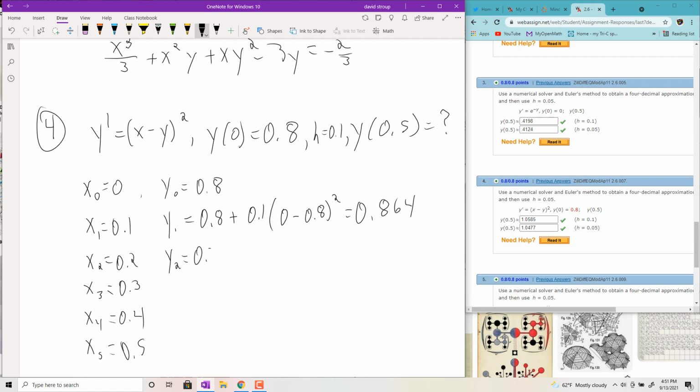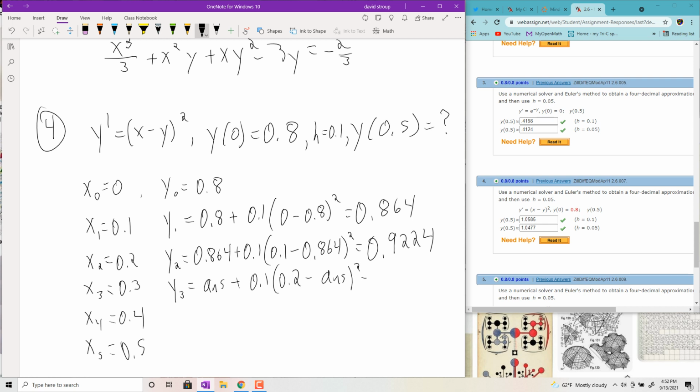Y2, 0.864 plus 0.1 times previous x is 0.1 now, minus 0.864 squared. So 4 decimals, 0.9224.